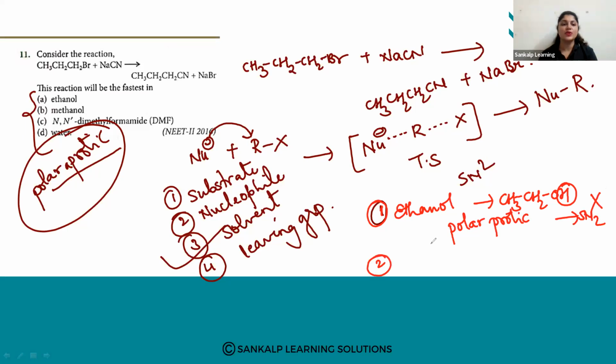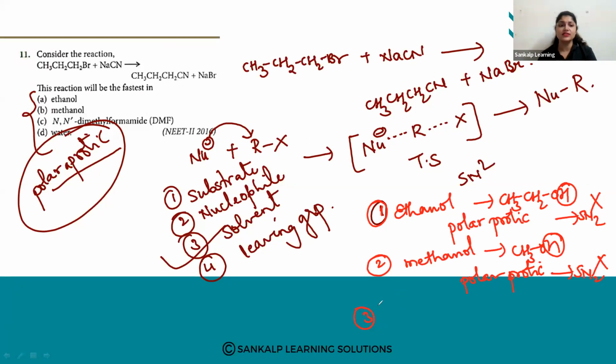Next we'll go to methanol, CH3OH. Here also hydrogen is present, so this is also a polar protic solvent, and the SN2 mechanism is not possible. Whenever hydrogens are involved, the SN2 mechanism is not possible.